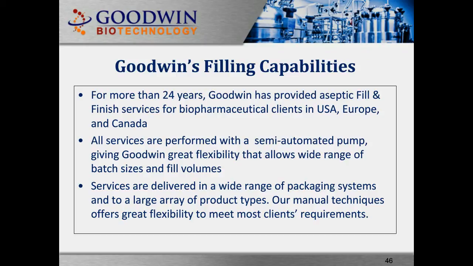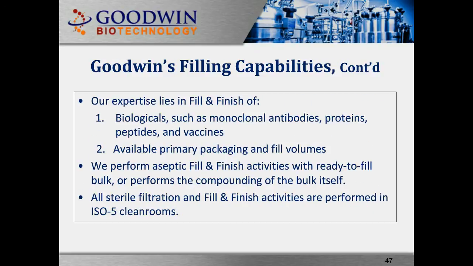Services are delivered in a wide range of packaging systems and to a large array of product types. Our manual techniques offer great flexibility to meet most of our clients' requirements. Our expertise lies in fill and finish of biologicals such as monoclonal antibodies, proteins, peptides, vaccines, and bioconjugates.